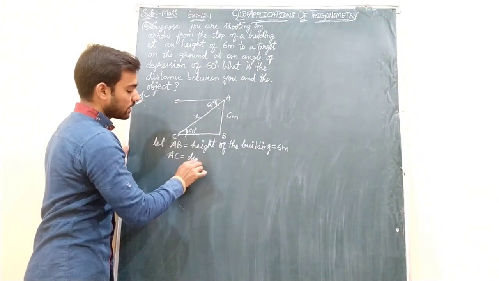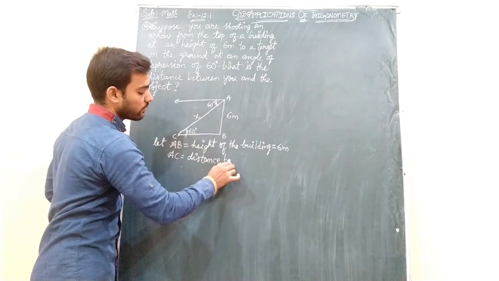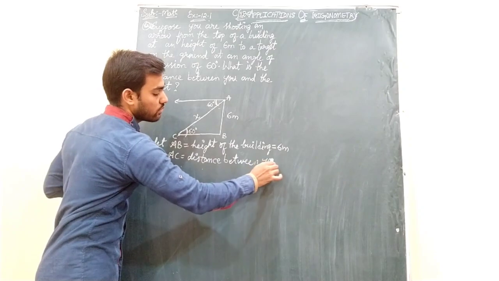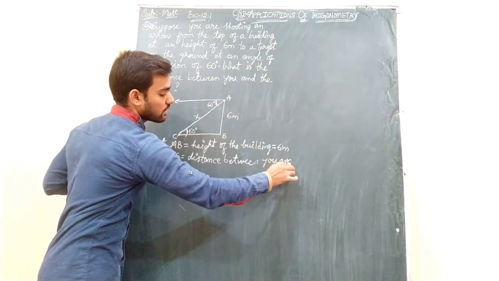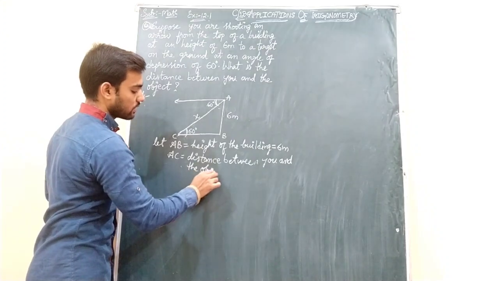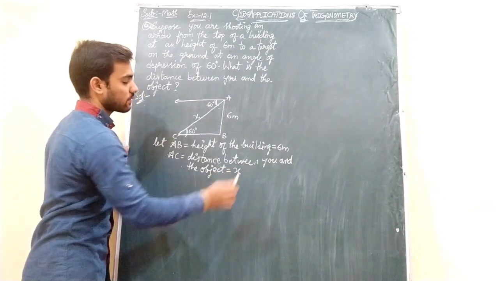It is the distance between you and the object. This is missing, so we have taken it as X.